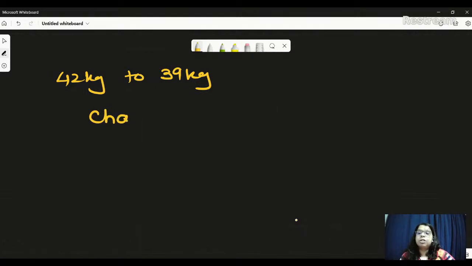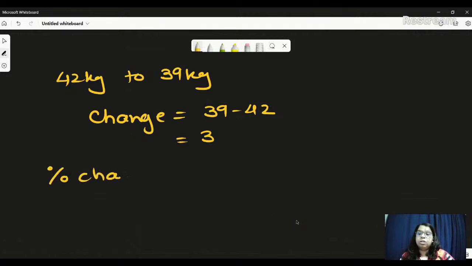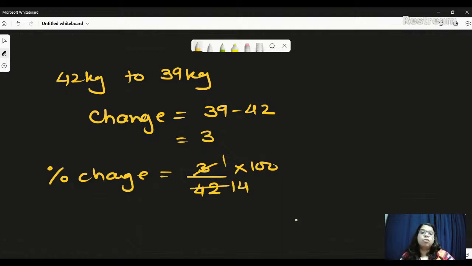Okay, next one we are going to go on a decreased percentage. Let's say 42 kg is decreased to 39 kg. What is my change here? It's 39 minus 42, which is equal to minus 3. So my percentage change is going to be equal to 3 over 42 multiplied by 100. 3 times 1, 3 times 40, 7, 50.